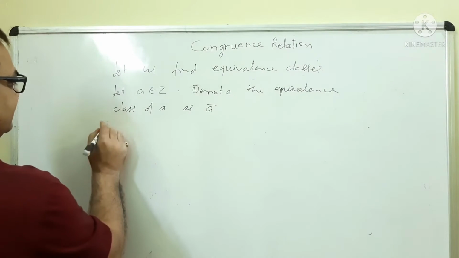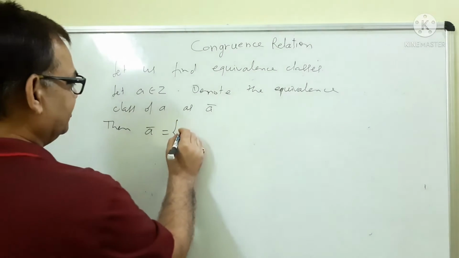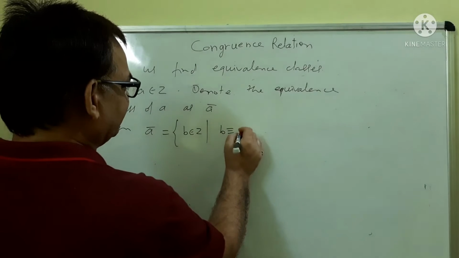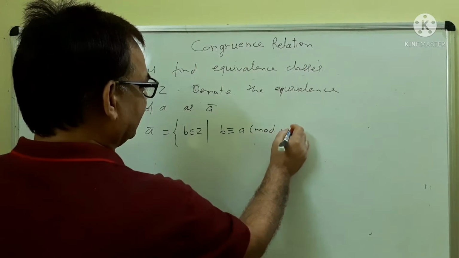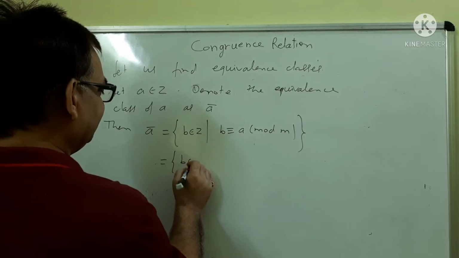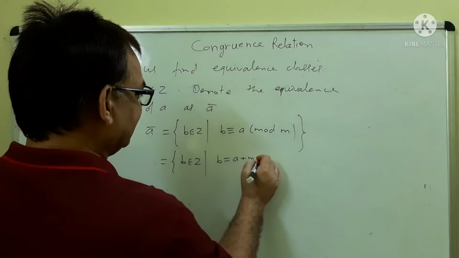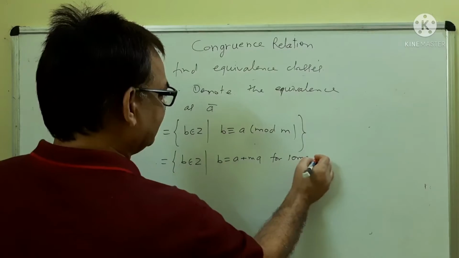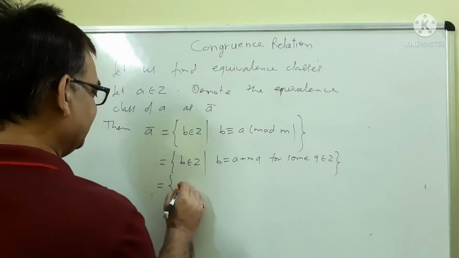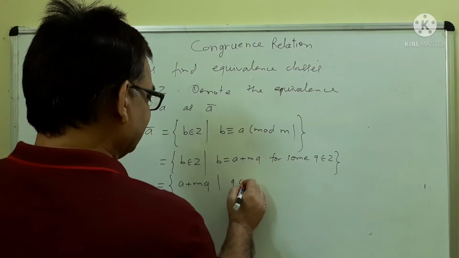Then a bar is equal to the set of b belonging to Z such that b is congruent to a mod m, which is equal to the set of b belonging to Z such that b is equal to a plus mq for some q belonging to Z, which is equal to the set of a plus mq such that q belongs to Z.